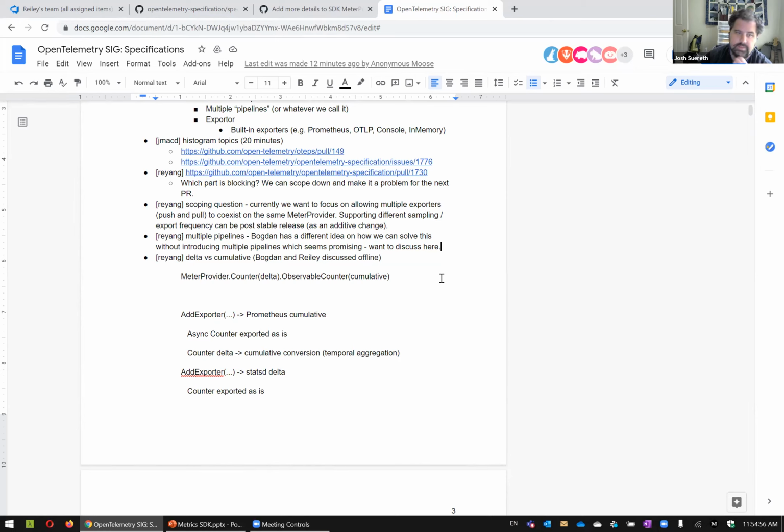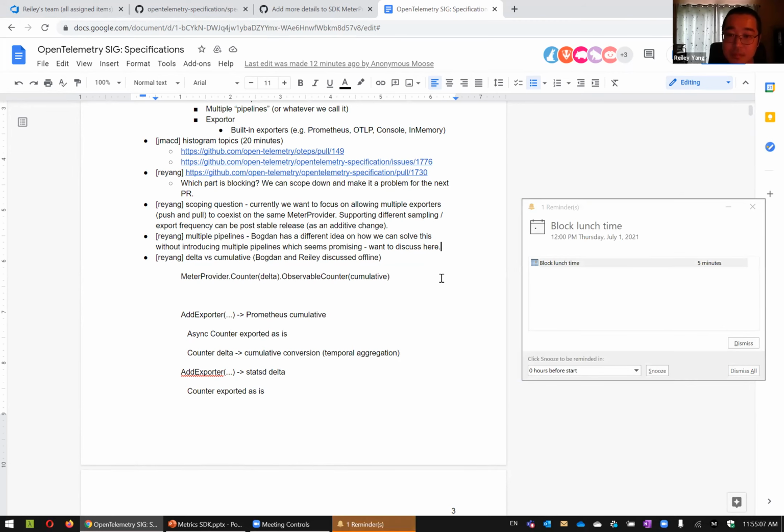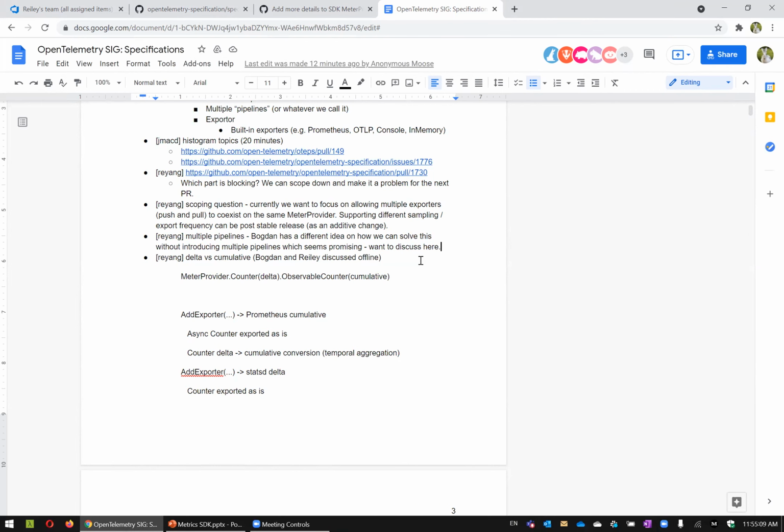So, okay, I'll ask this question. It seems like we're going to these schemes to potentially avoid memory usage. If that is the case, and maybe that's not the case, do we have a sense of how much memory we're really talking about?